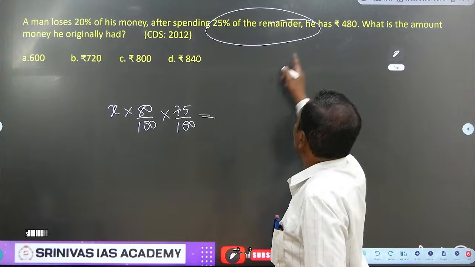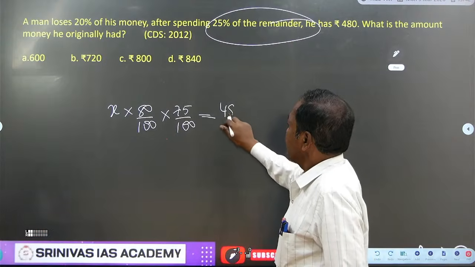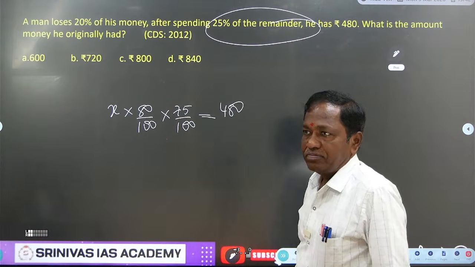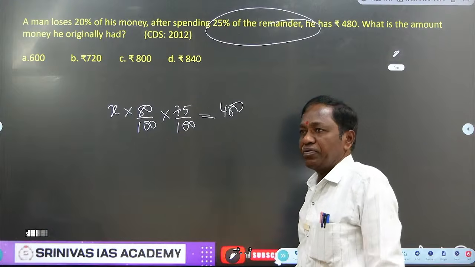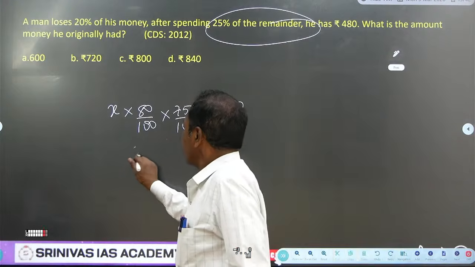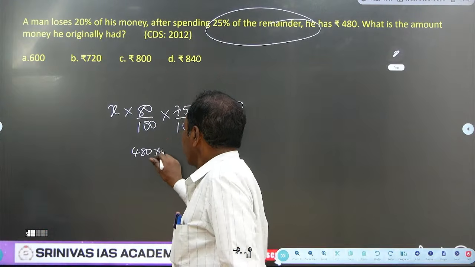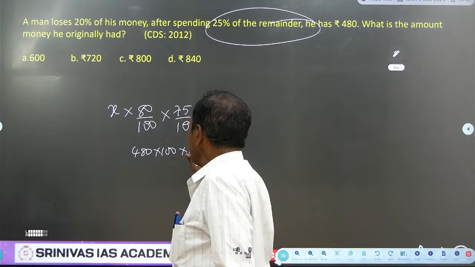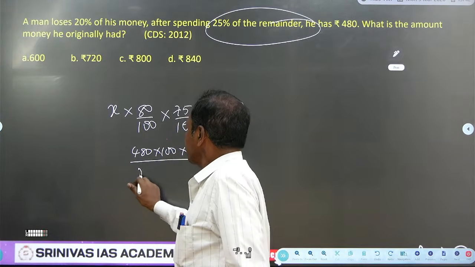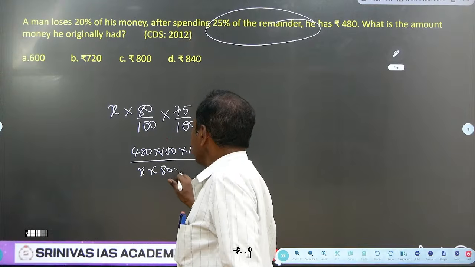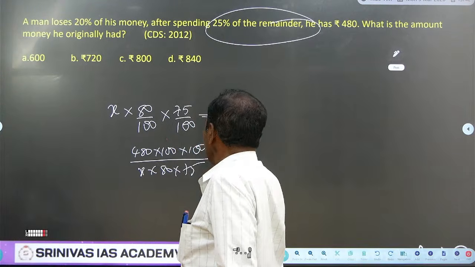That is equal to 480. Now cross multiply, and X value will be known. So 480 into 100 into 100, X into 80 into 75. You will know the original money.